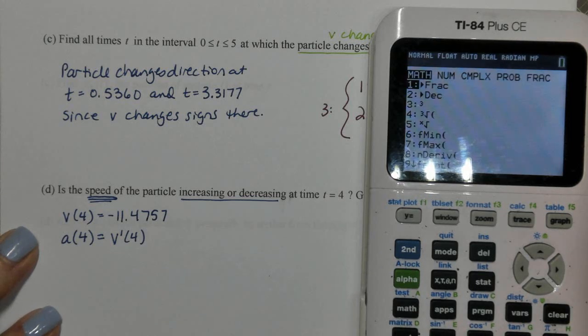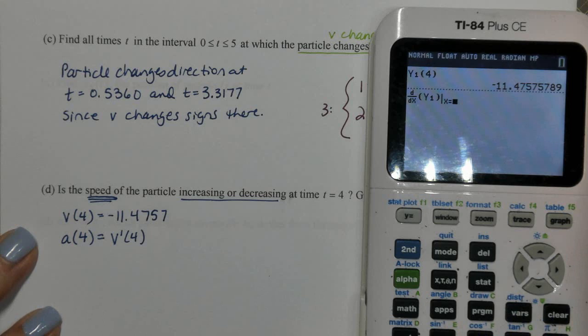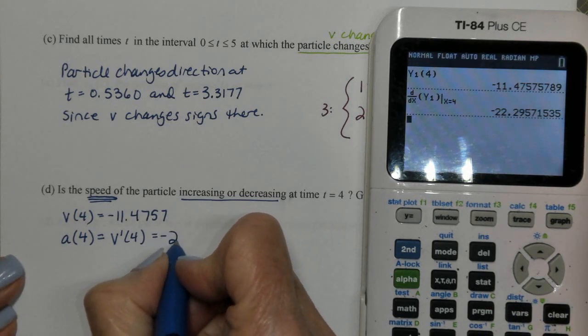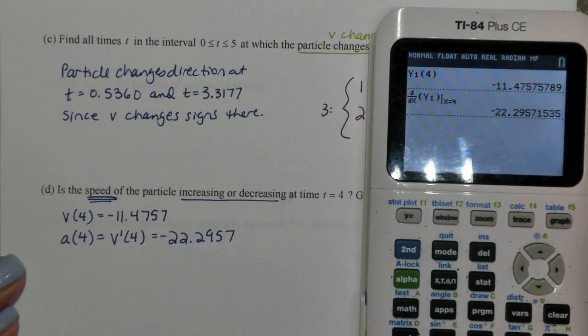Acceleration is the derivative of velocity, and we want to know what the acceleration is at time 4, negative 22.2957.